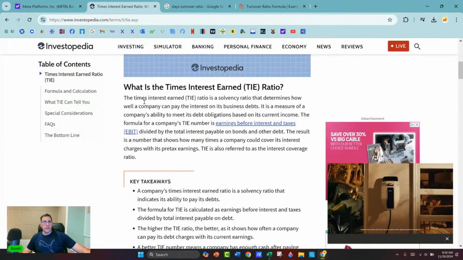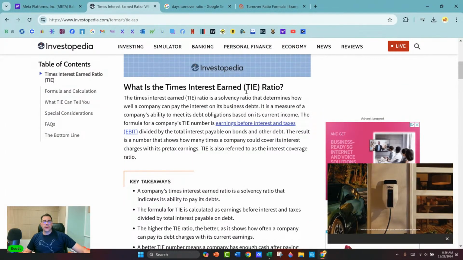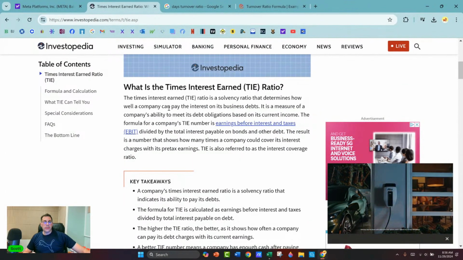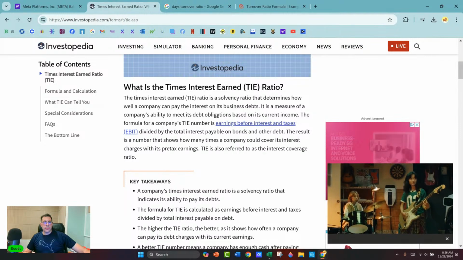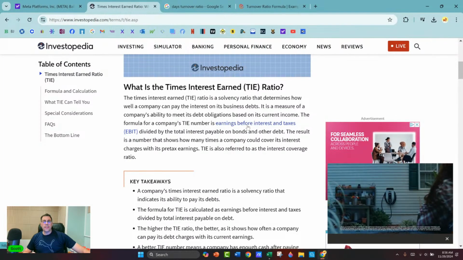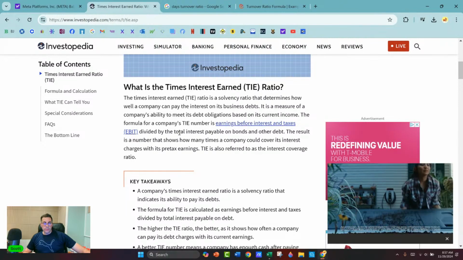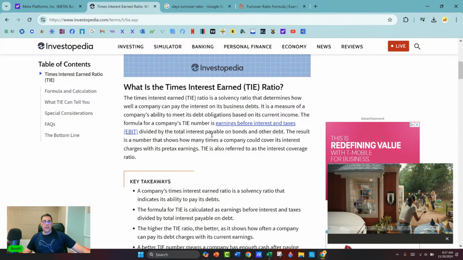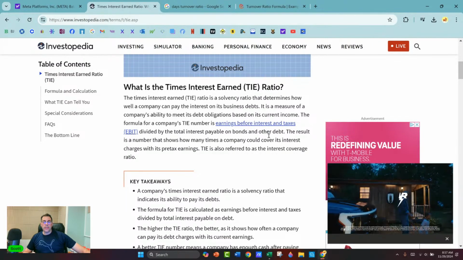Time interest earned ratio. The formula is EBIT over interest payable on bonds.